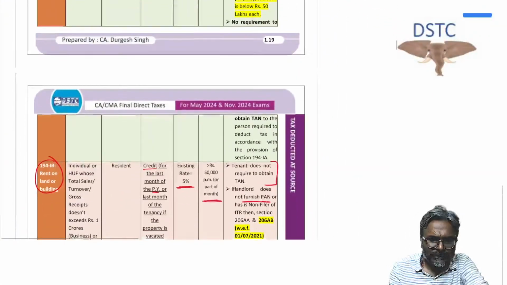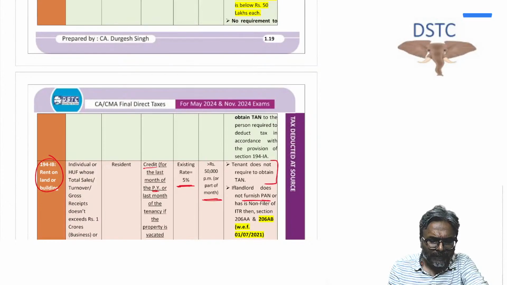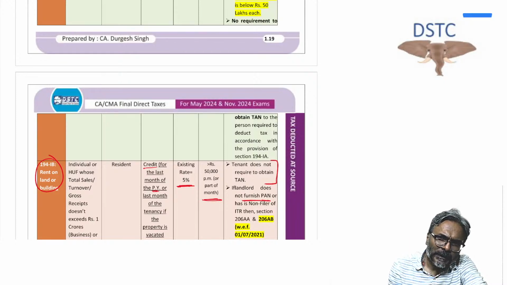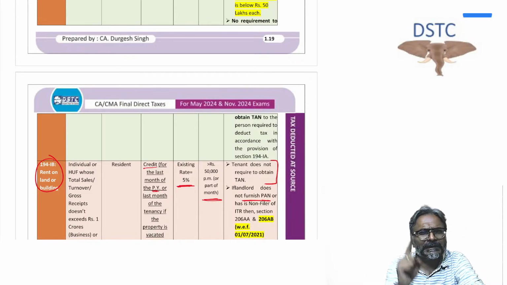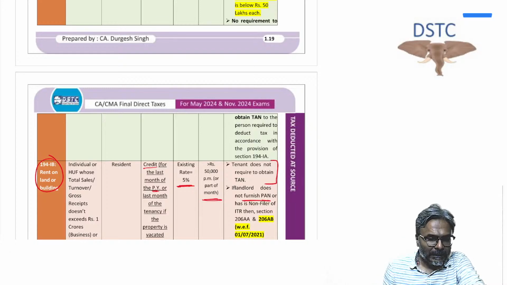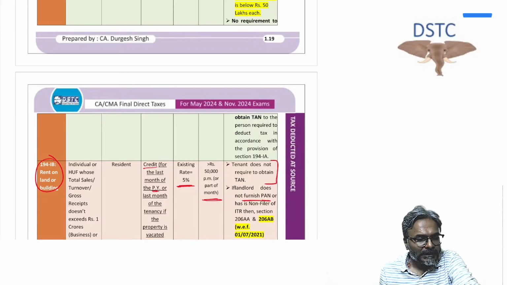And last but not the least, students, there is no requirement of a TAN in this context. We have discussed this part. The buyer would be purchasing the house property or the immovable property only once in his lifetime.